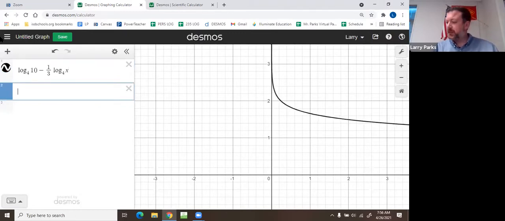And we want to know when that equals log base... I need to make a correction on my review. That should say log base 4. You guys don't know how to do different bases. Log base 4 of 1/5.